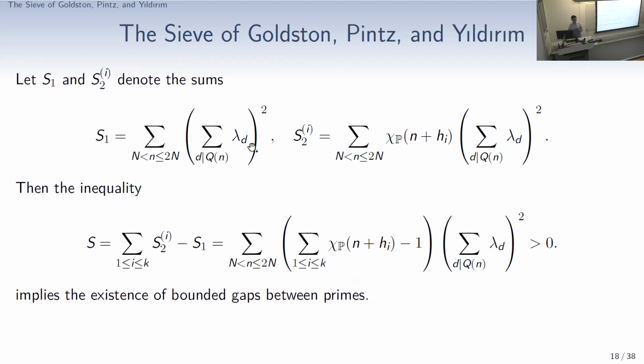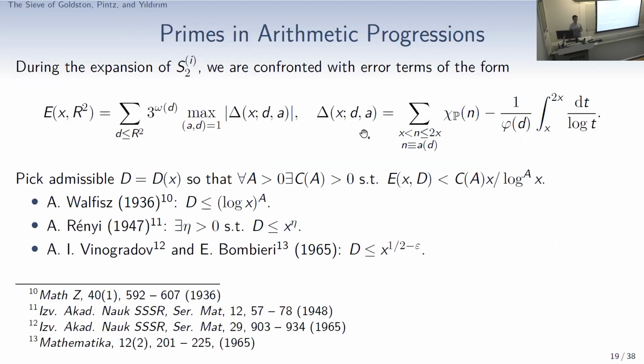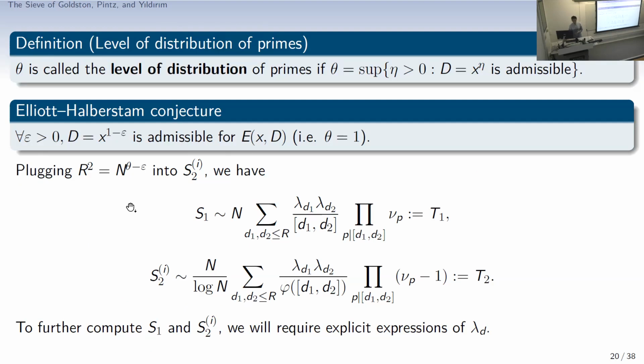After performing certain transformations and dealing with the error terms, making this capital R an appropriate value, we have these two main terms from the GPY. And these are just some arithmetical functions that will be dealt with later. But I will not show the details of the calculation because it is not relevant to the topic.